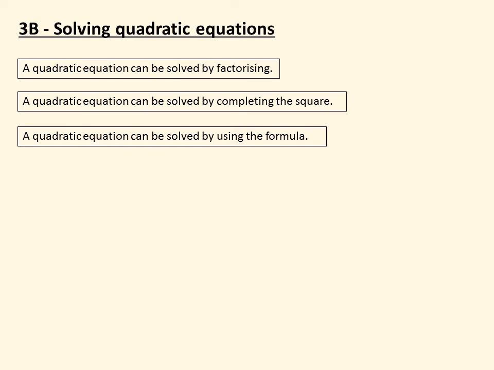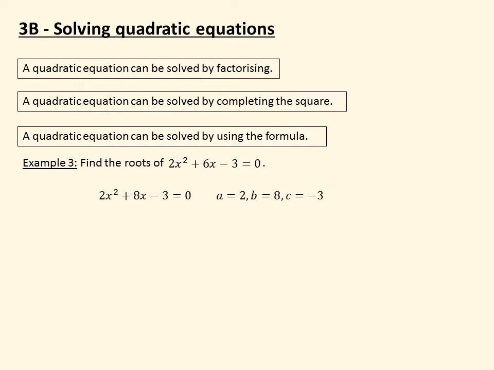The third way is using the quadratic formula. So we need to find the roots of this quadratic. If we first write down the values of a, b and c, a is the number in front of the x squared, b is the number in front of the x, and c is the number itself including the sign.